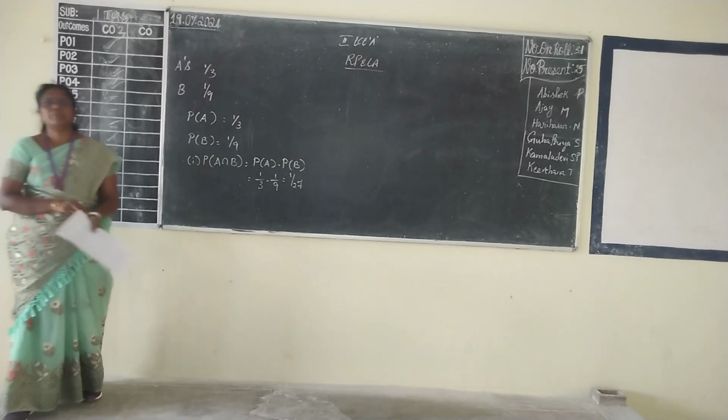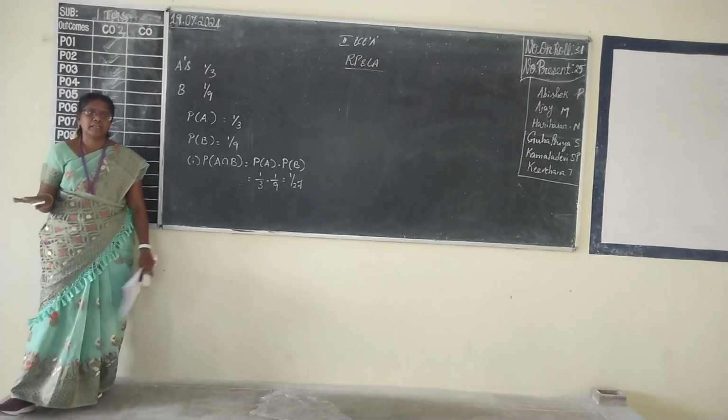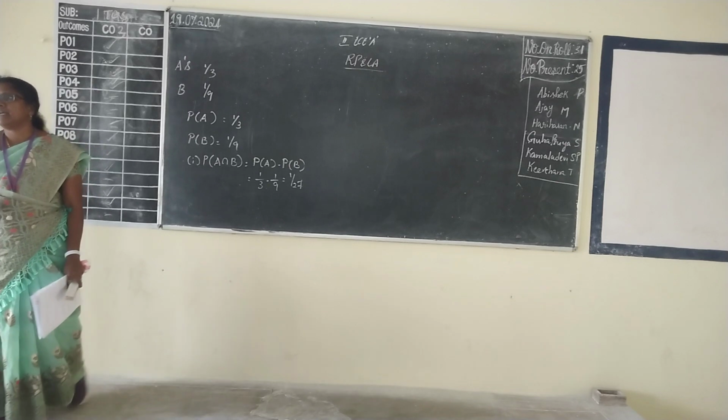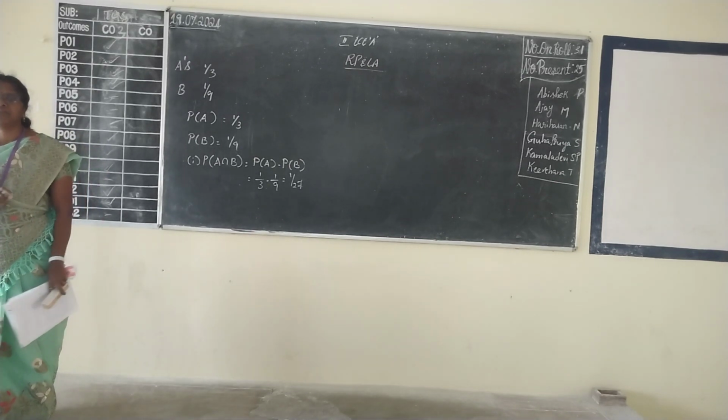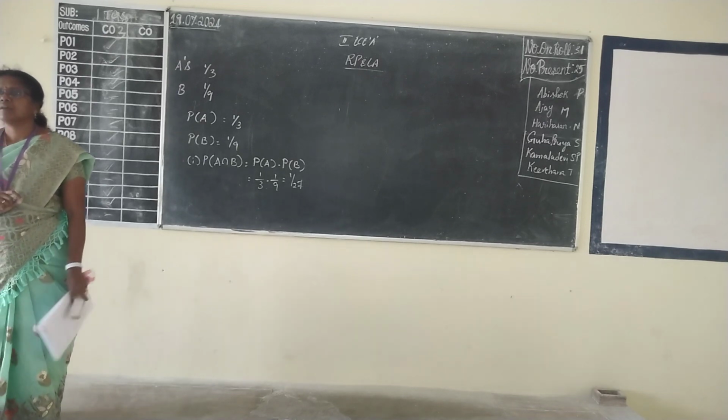Second one, what is given? None of them is selected. A is not going to be selected as well as B is not going to be selected. How will you denote that event?